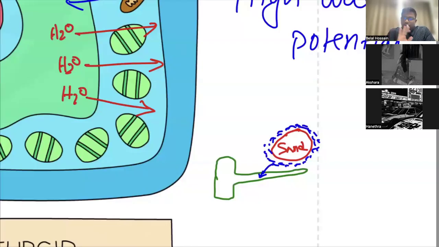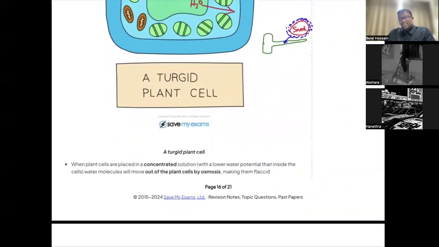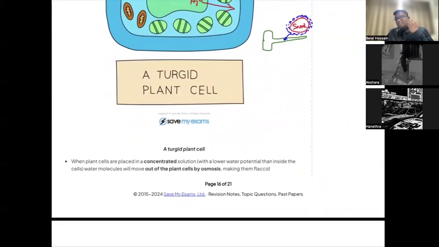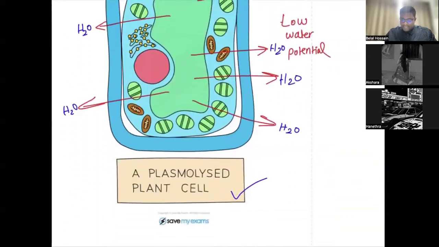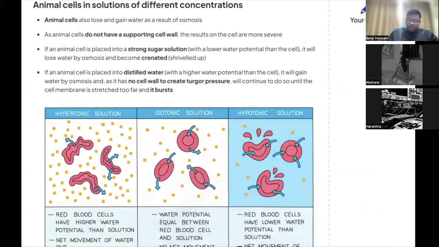But make sure it's not salty water. If it is salty water, no matter how much water you have, the plant is not adapted to low water potential, as I told you. So the plant will lose water to the salty water, it will plasmolyze, and the plant will die as a result.